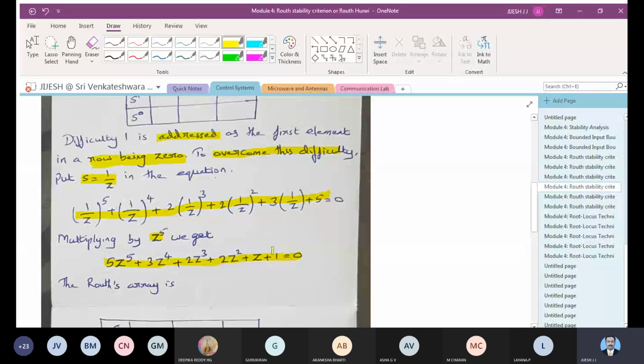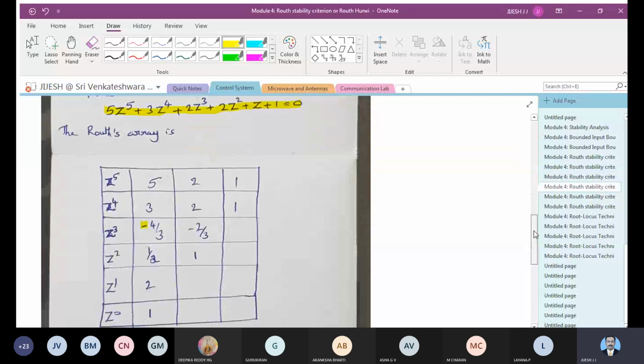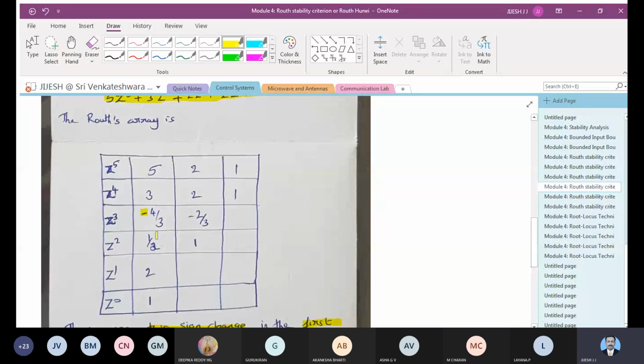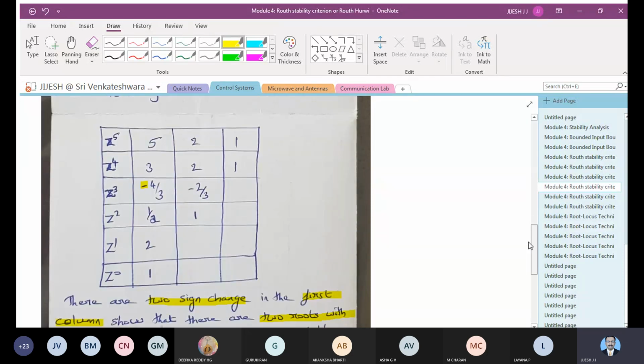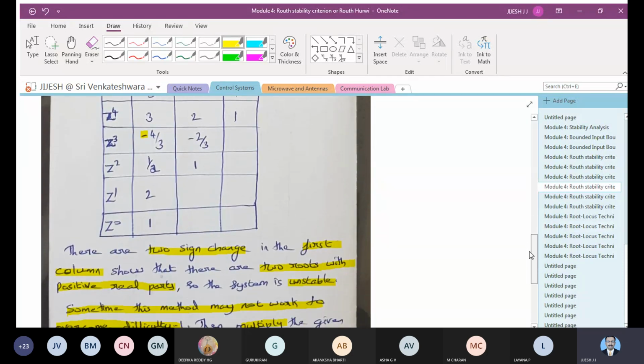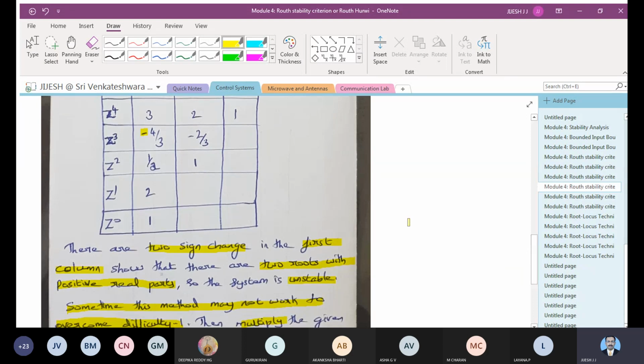So all of you have completed that, and then we also found, by solving with root stability criteria, that there is a sign change, and since there is a sign change, we said that the system is unstable.